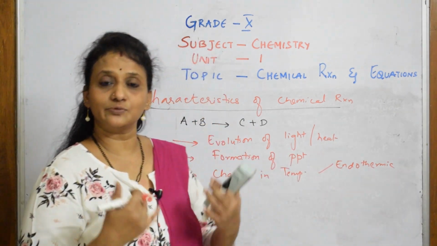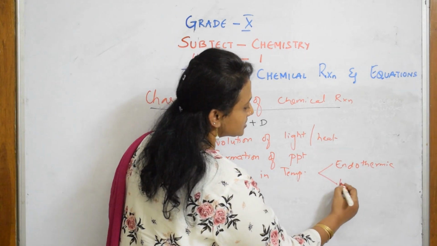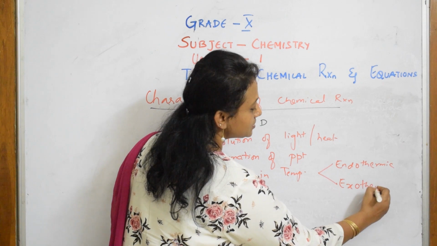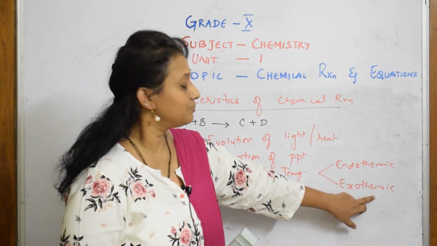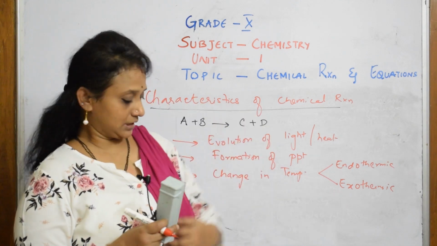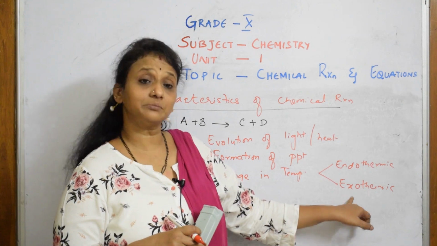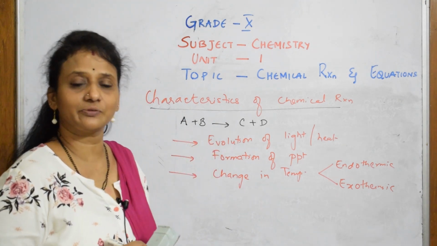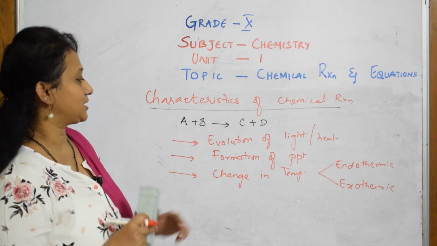So heat can be absorbed, then the beaker or the test tube will become cold. There are exothermic reactions, where exo means out, giving out heat. So in endothermic reactions heat will be absorbed, in exothermic reactions heat will be evolved.